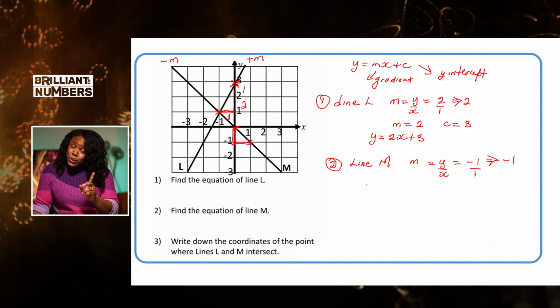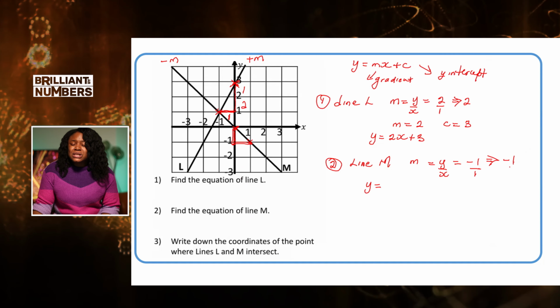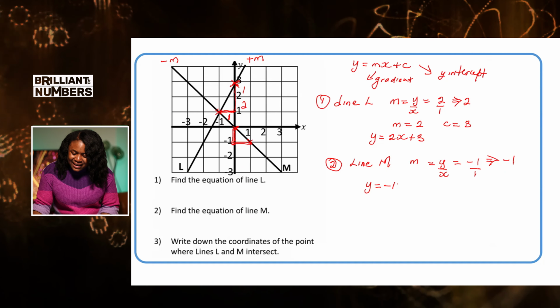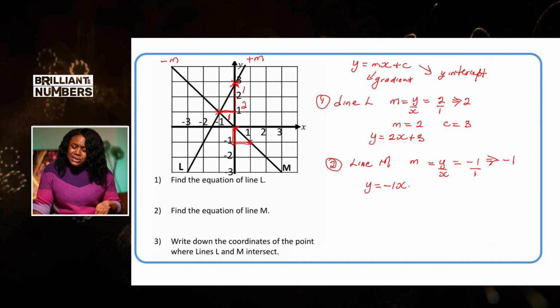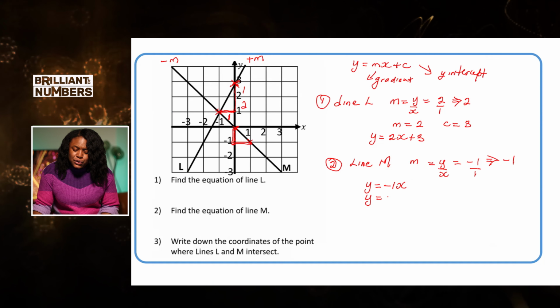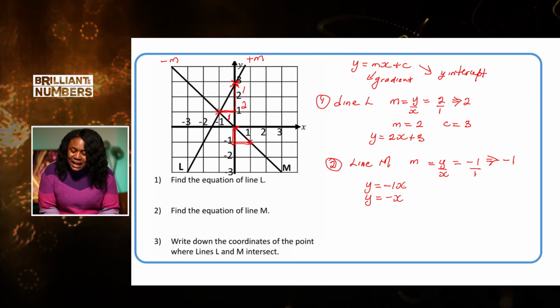And we know there will not be a visible y-intercept. Therefore, we can go straight ahead and write that y is equal to, my gradient was minus 1, so I could write minus 1x. But we know we don't have to do that. We can just go ahead and write y equals minus x, and that would be the equation of that line.